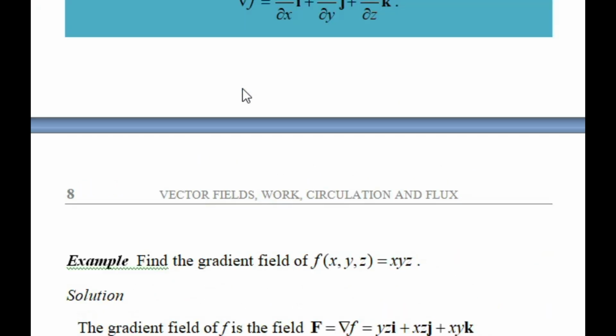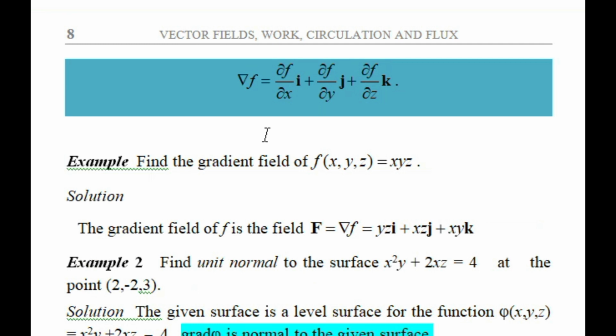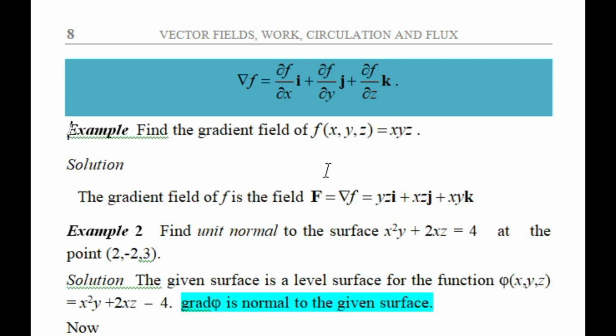f of x, y, z is equal to x y z, so we use the definition. From the definition, immediately we obtain this one, because our f of x, y, z is x y z. So what is del f by del x? Del f by del x is the partial derivative of x y z. While evaluating the partial derivative with respect to x, we treat other variables as constant.